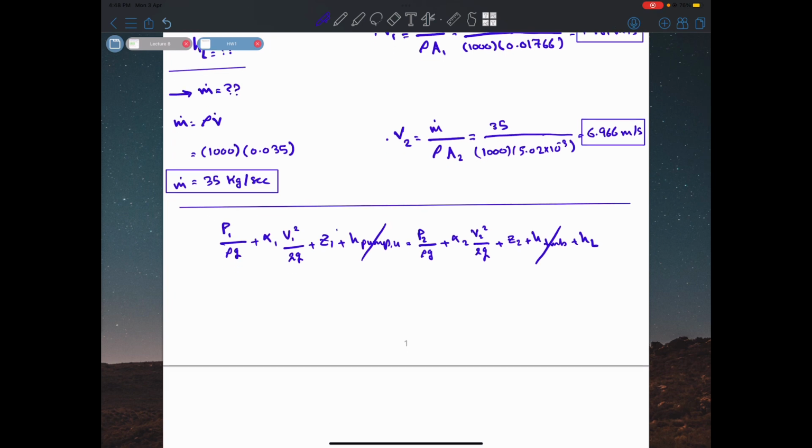And I will cancel out Z1 and Z2 because they are almost equal to each other. So now I can write the equation according to the HL, and I will rewrite the equation now.